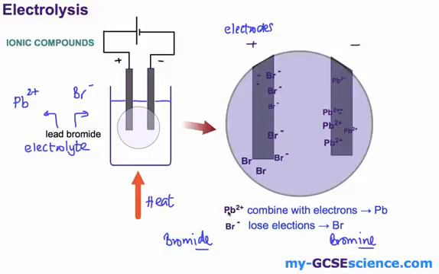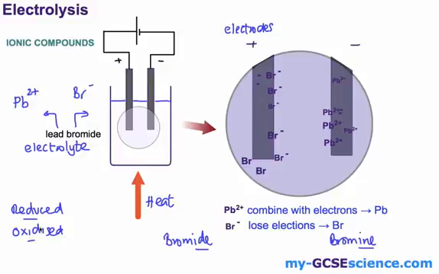Now there are a couple more key phrases that you need to be able to use when talking about this. When our lead combines with electrons, we say it has gained electrons, and when an ion gains electrons we say it has been reduced. That's the key word there, reduced. So lead has been reduced because it's gained electrons, and with bromine it loses electrons, so we say it has been oxidized.